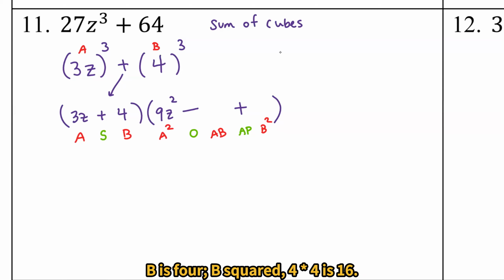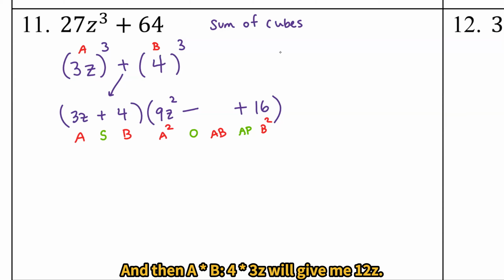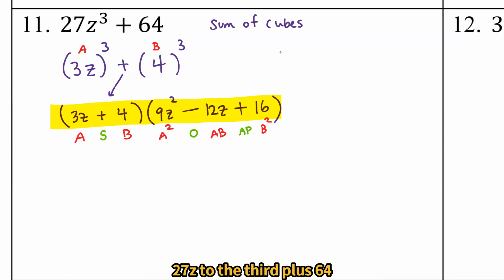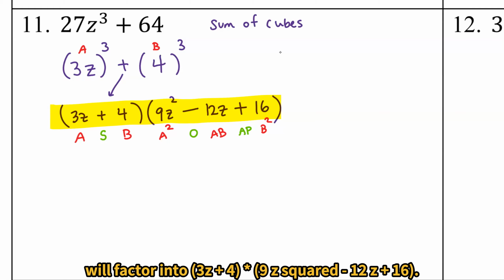B is 4. B squared, 4 times 4 is 16. And then A times B, 4 times 3z will give me 12z. And there's my factored form for a sum of cubes. 27z to the third plus 64 will factor into 3z plus 4 times 9z squared minus 12z plus 16.